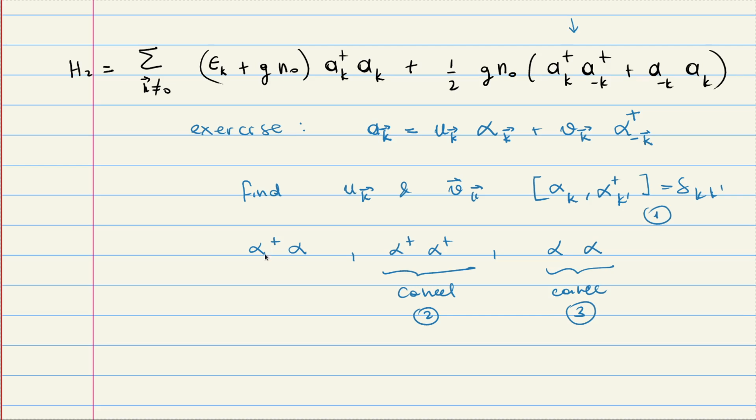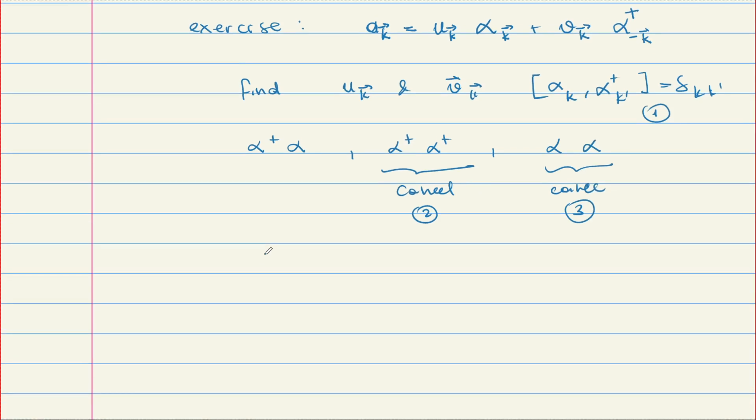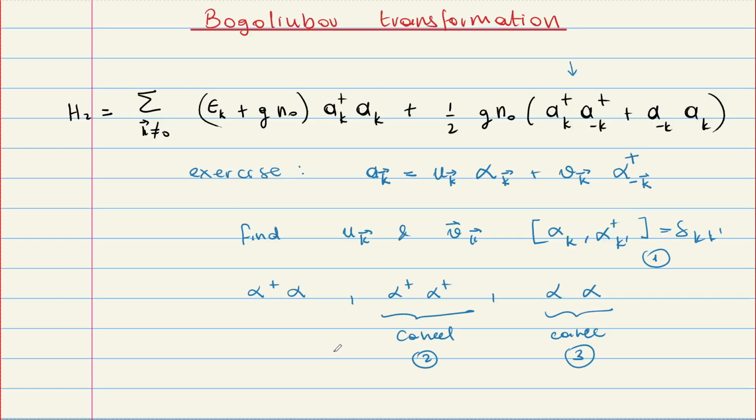But I want to try something a little bit more entertaining. I think it also has a little bit more content. So for that, let me do two things to this Hamiltonian. First, I want to write this thing as 1/2 A_k dagger A_k plus 1/2 A_{-k} dagger A_{-k}, right?